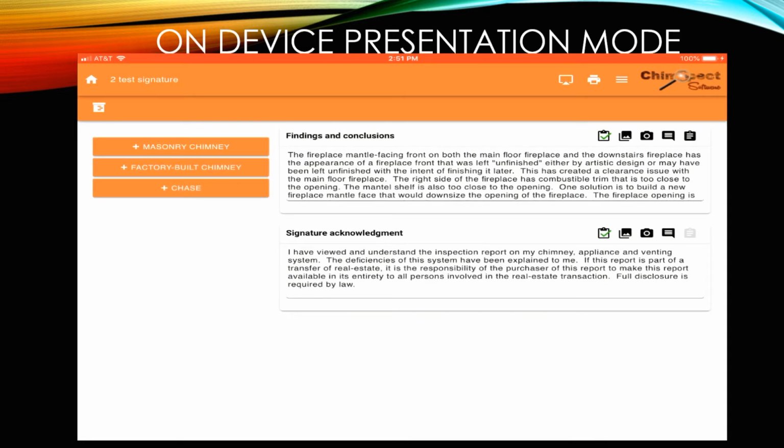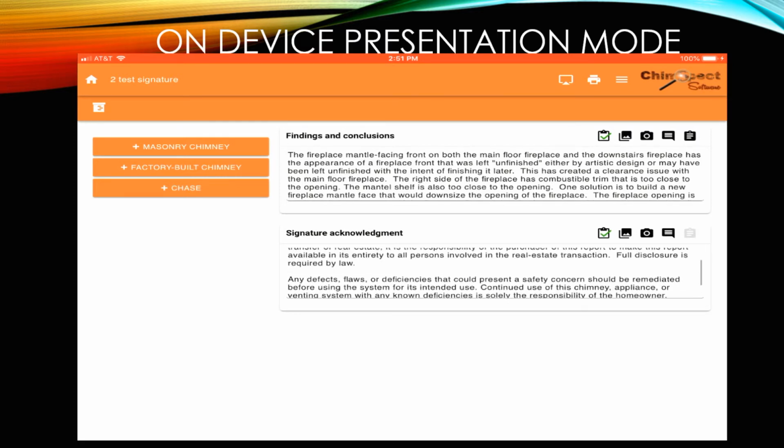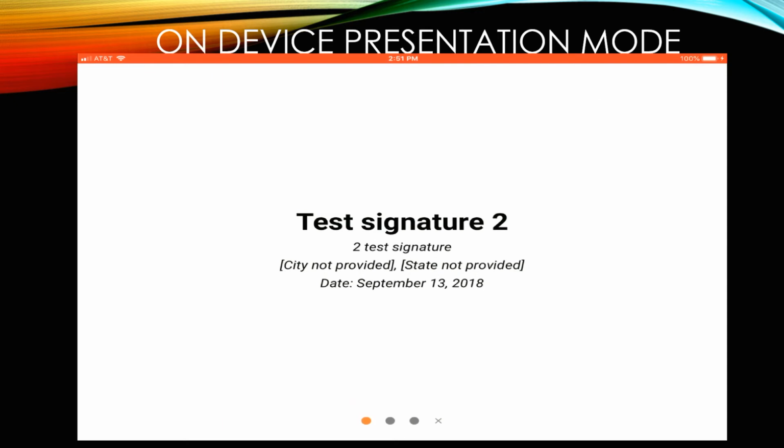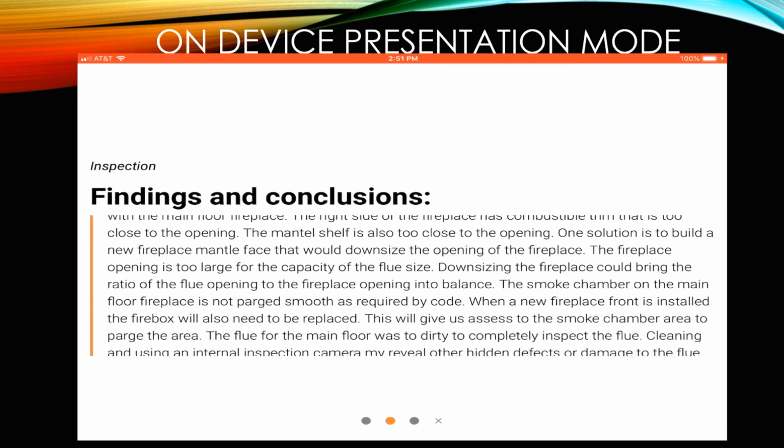You'll notice I have something written in the signature acknowledgement area. You have to have something there for them to acknowledge in order for the green check mark to show up. Then when you go to your inspection report, there's the findings and conclusions.